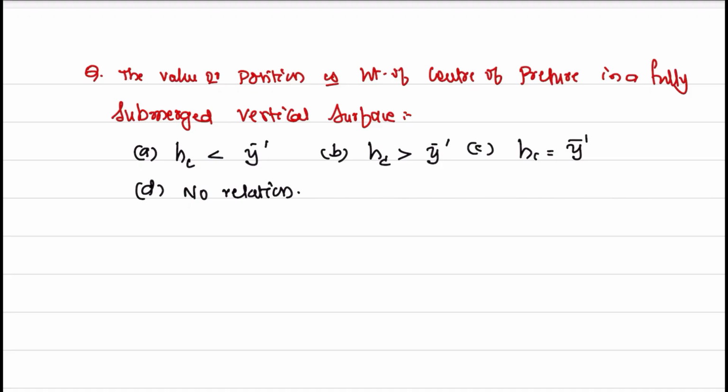In this, the answer is: HC is always greater than the center of gravity height.